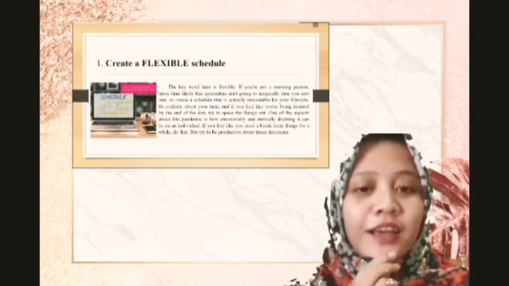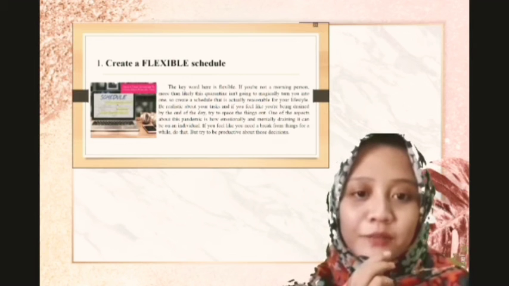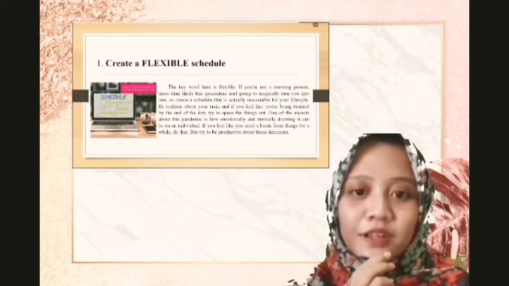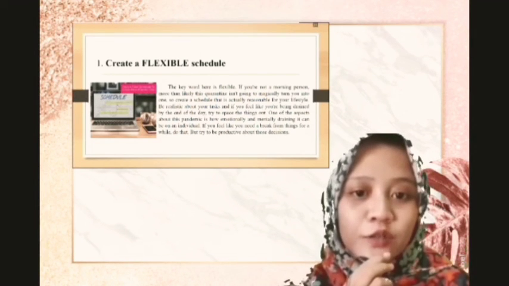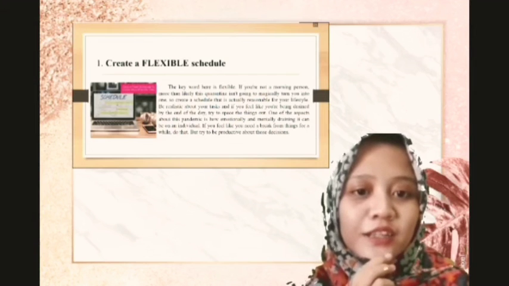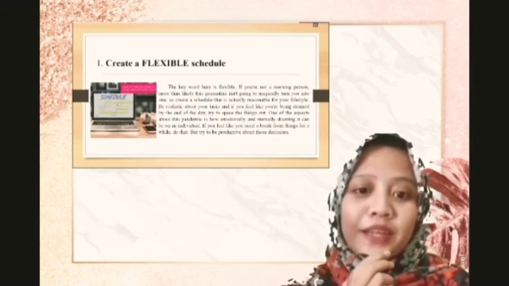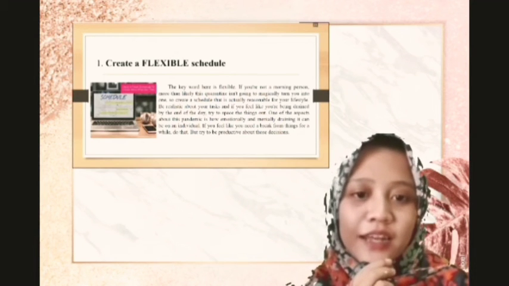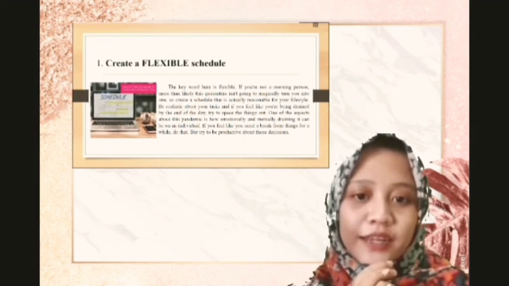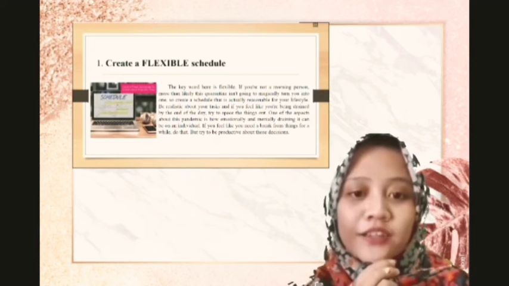Number 1. Create a flexible schedule. The keyword here is flexible. If you are not a morning person, more than likely this quarantine isn't going to magically turn you into one. So, create a schedule that is actually reasonable for your lifestyle. Be realistic about your tasks, and if you feel like you are being drained by the end of the day, try to space things out.